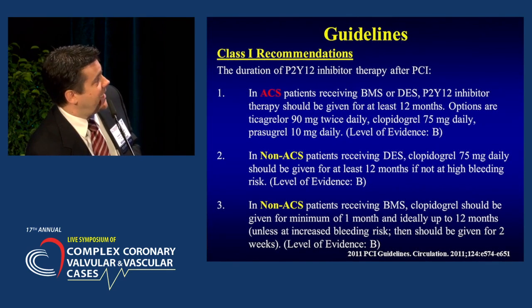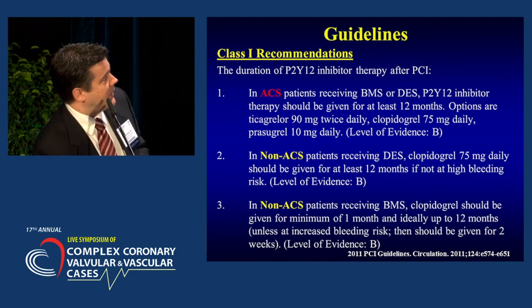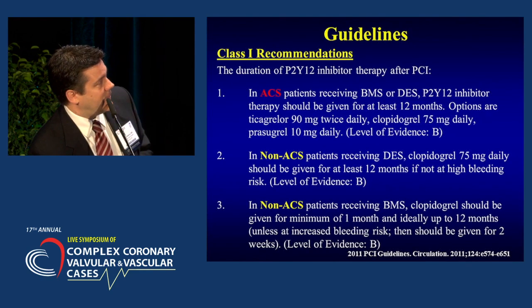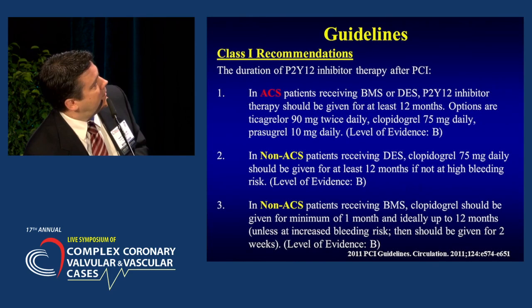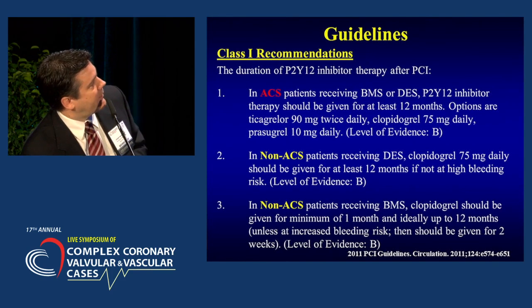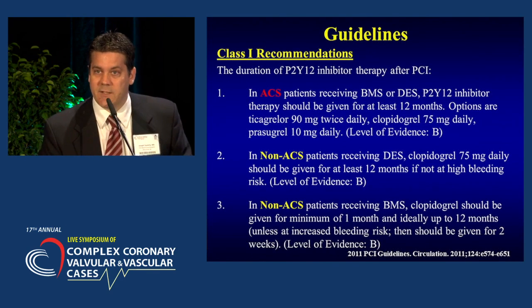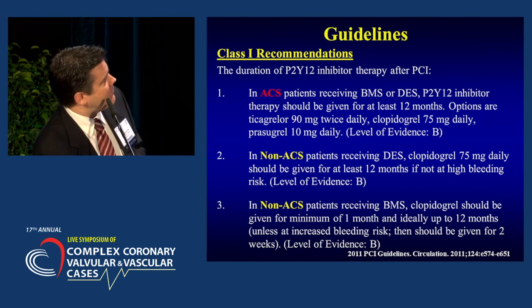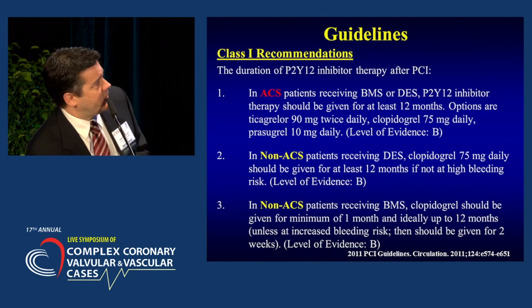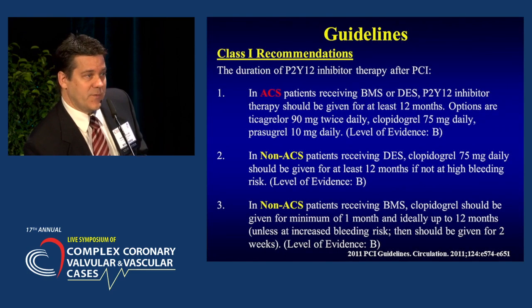In the non-ACS, so elective PCI, that get a drug-eluting stent should get Clopidogrel for at least 12 months. You notice what's not in here. The Prasugrel or Ticagrelor. Why? Because this is non-ACS. Those are medications used for ACS only. So non-ACS gets a drug-eluting stent, Clopidogrel 75 milligrams for 12 months.